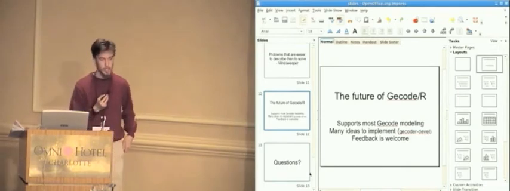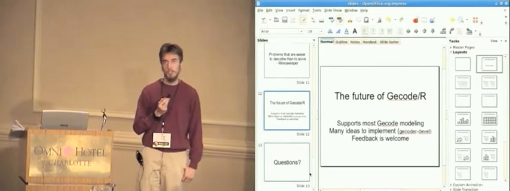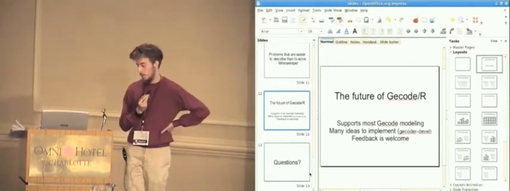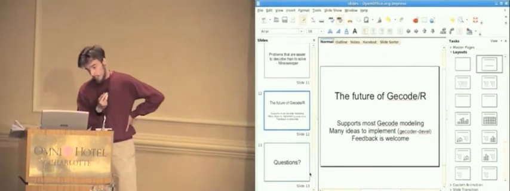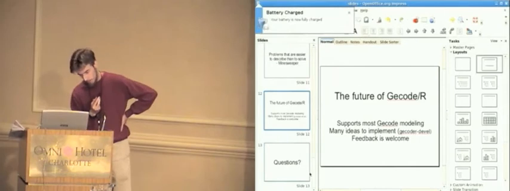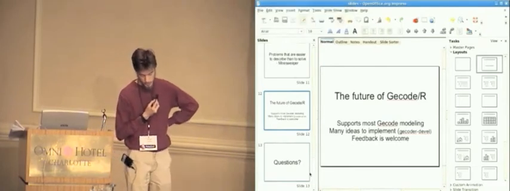And those ideas are things like more syntactic sugar, simply making it easier to define the problems, so that you don't have to have too many variables. Basically there are many such ideas left to implement.